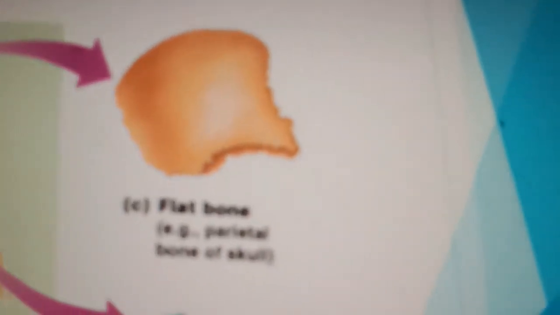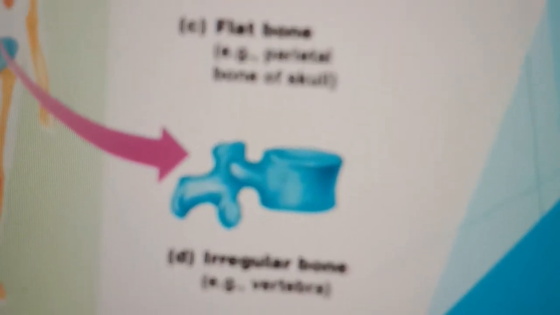So an example is the skull and the sternum. Now we have the what? Irregular bones. So, irregular bone. Example is the vertebrae. So, yan. Odd shape. Example is the vertebrae and the pelvis.